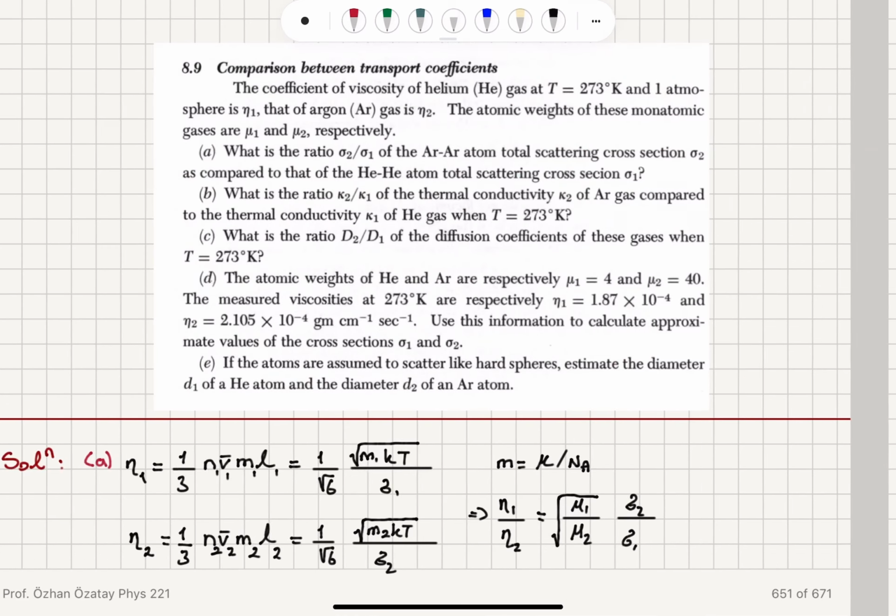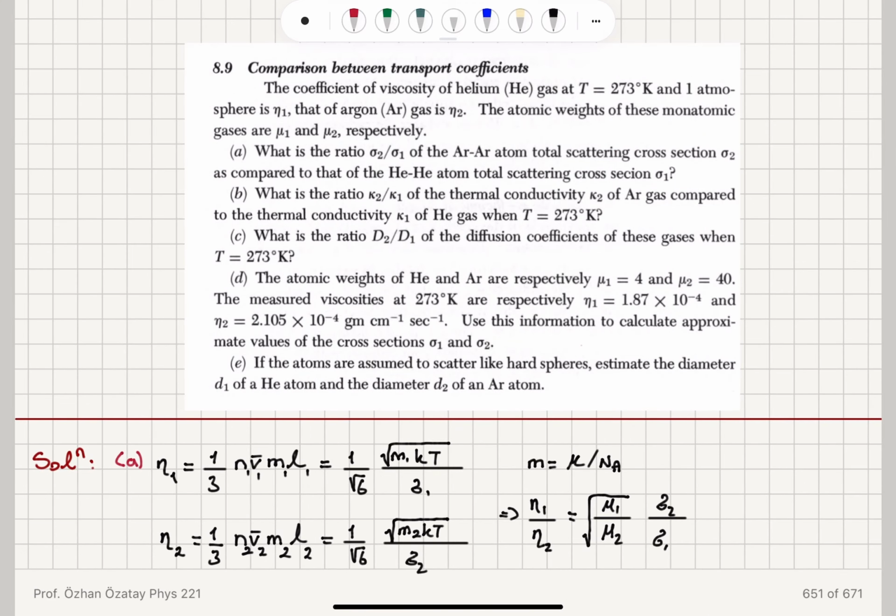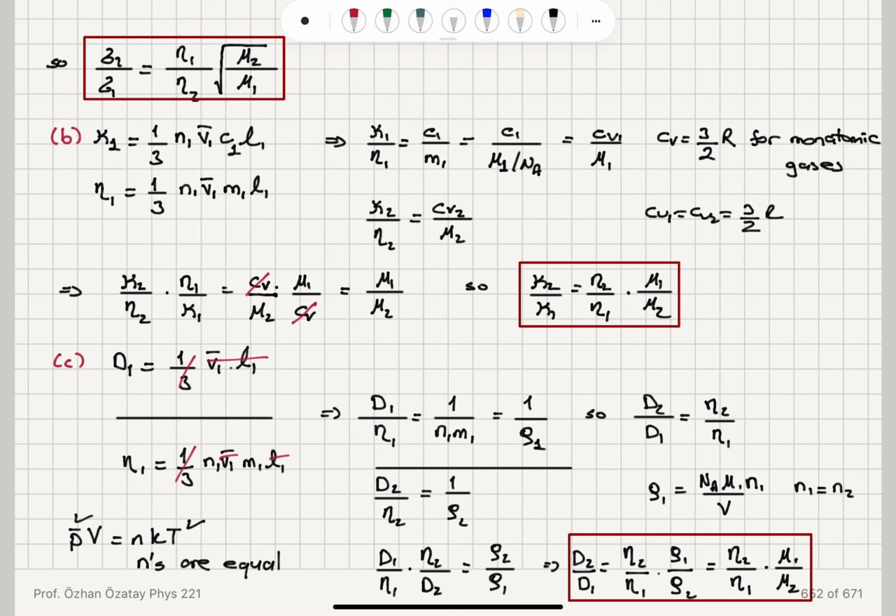Part C, what is the ratio of the diffusion coefficients? 1/3 v-bar times the mean free path L is the diffusivity. If we take the ratio with respect to the coefficient of viscosity, the ratio is 1 over Nm, where N is number per volume, m is the mass of one atom, so number multiplied by the mass of one atom gives us total mass per volume, that is density.